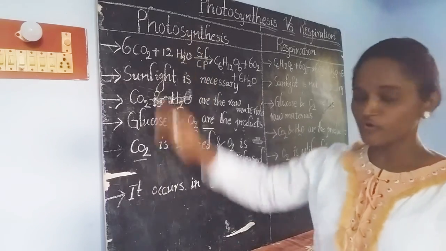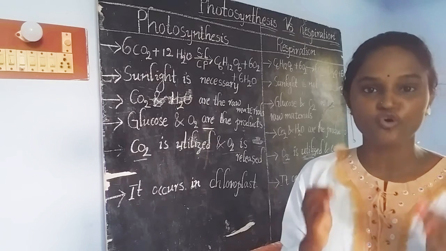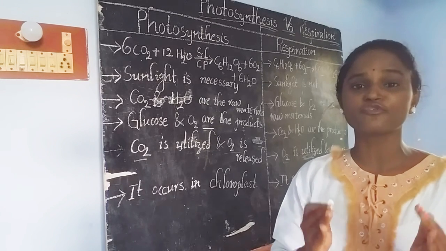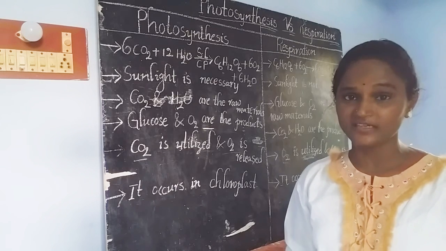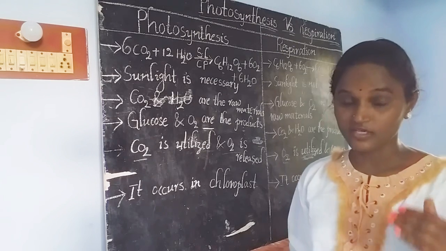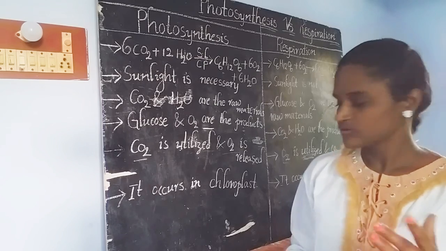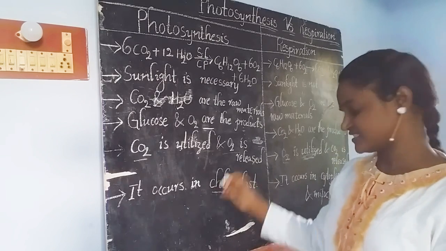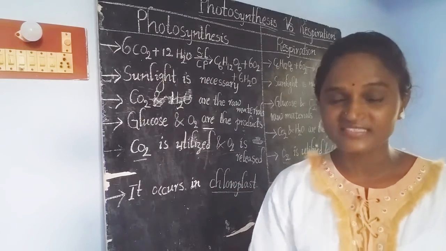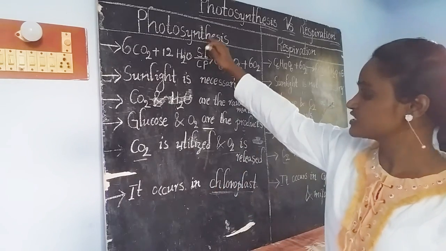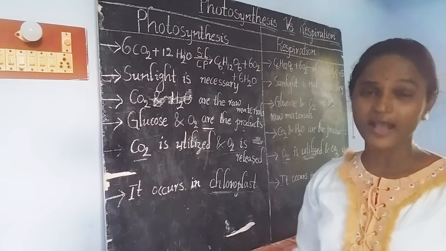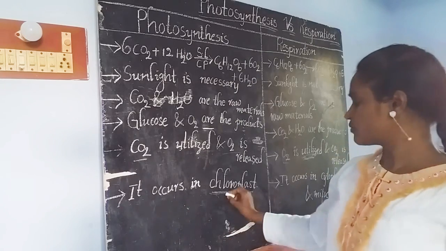Where does photosynthesis take place? The process of photosynthesis takes place in one of the cell organelles called chloroplast, the main important cell organelle of plants.